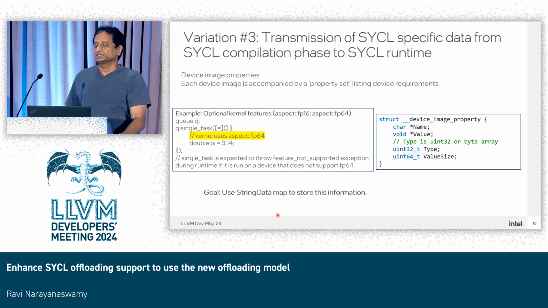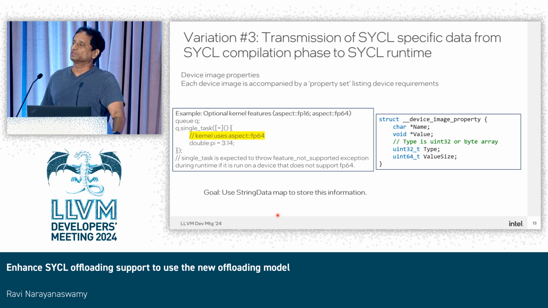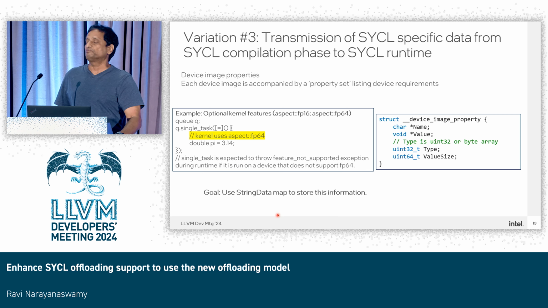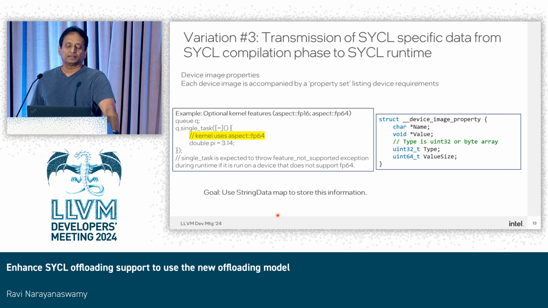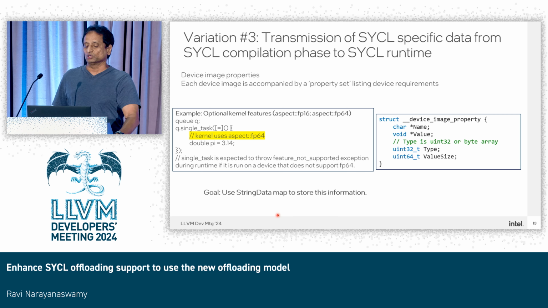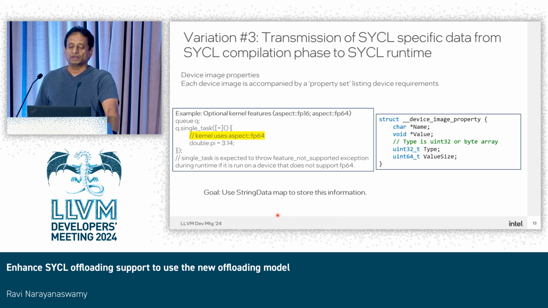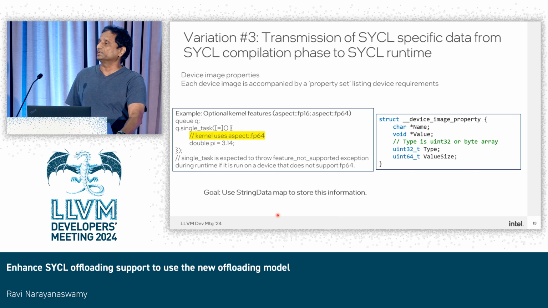The next thing is that the SYCL language specifies certain aspects. An example would be saying that this kernel uses FP64, and that kernel uses FP32. The language specifies that if your hardware doesn't support FP64, then you're supposed to raise an exception.